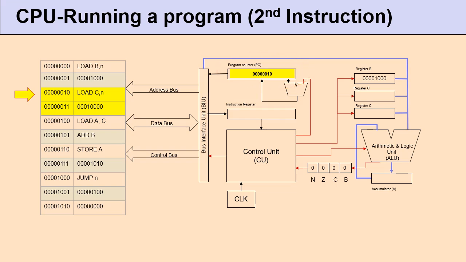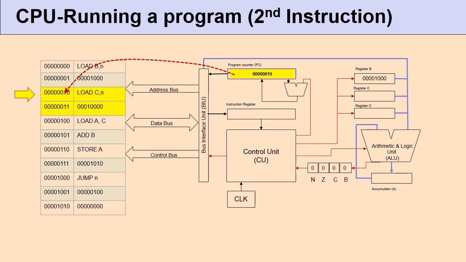So same as in the previous case, the control unit will start by fetching the instruction itself, and for that purpose it will read the content of the program counter, send it through the address bus, and then initiate a memory read cycle.